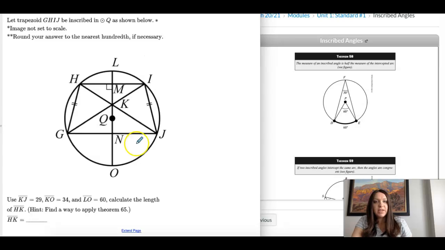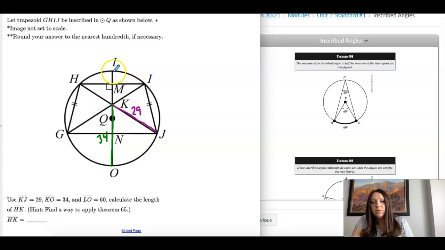Okay, now we're looking at sides. So use KJ. Let's see, K to J is 29. K to O is 34.